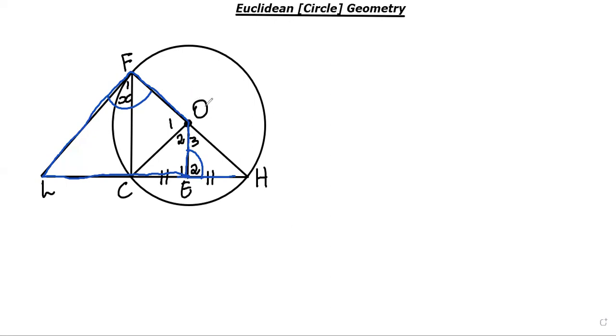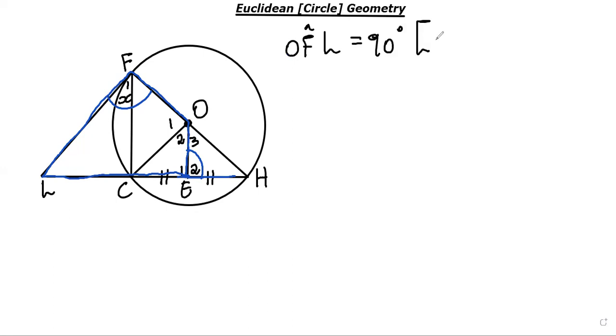So in order for us to do that, we just need to show that angle OFL is 90 degrees because we already know that E2 is 90 degrees. So we say, well, angle OFL is indeed 90 degrees.